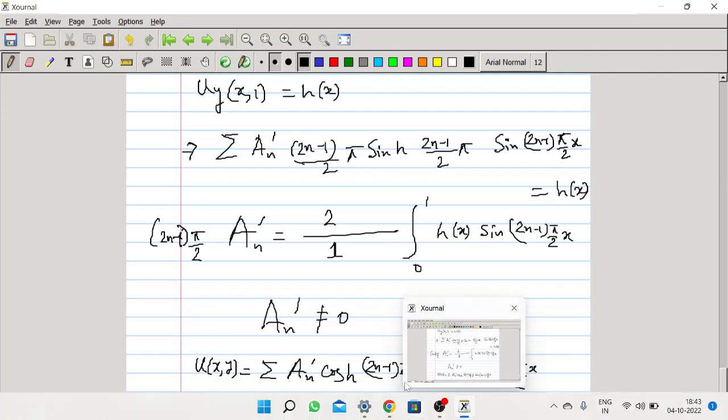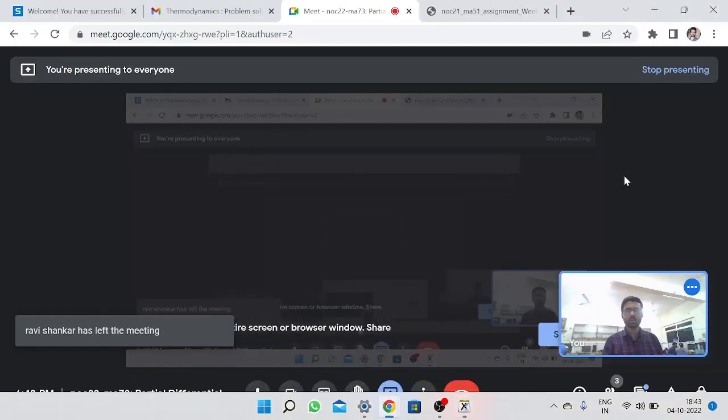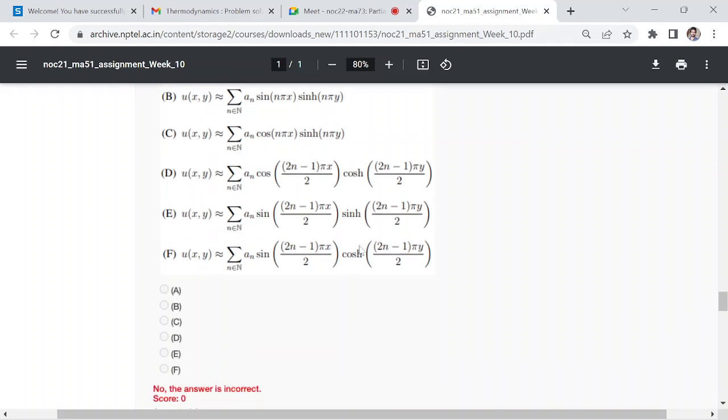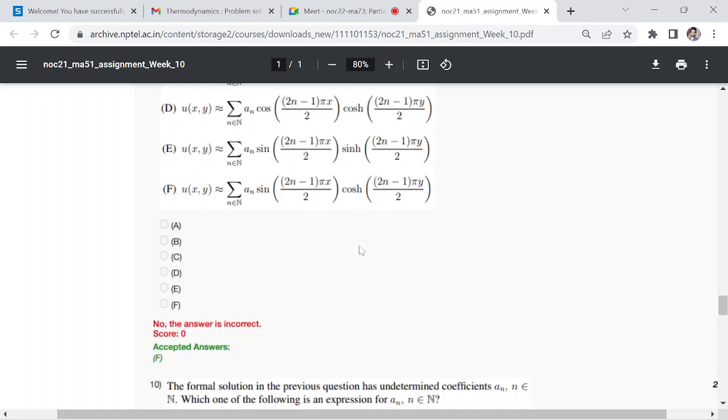So let me show you the question and answers. I got sine, cos hyperbolic and sine. Cos hyperbolic and sine is here in option number F: cos hyperbolic and sine, and (2n minus 1) pi by 2 x into y.